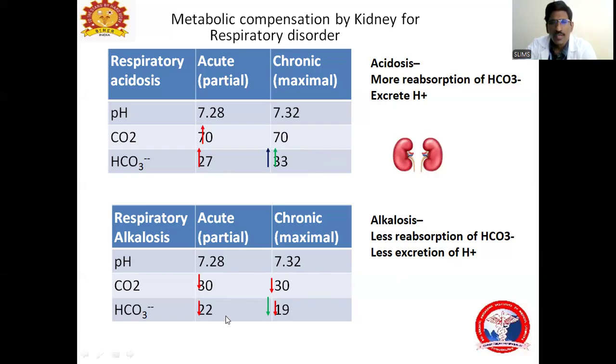Look at here, 22. But here the kidney has excreted bicarbonate so that pH is brought near normal. So this is the acute phase, this is the chronic phase. There is a difference between acute and chronic. This is partial compensation, this is maximal compensation. Maximal means it is bringing the pH to near normal.